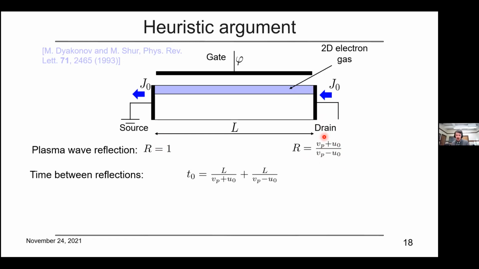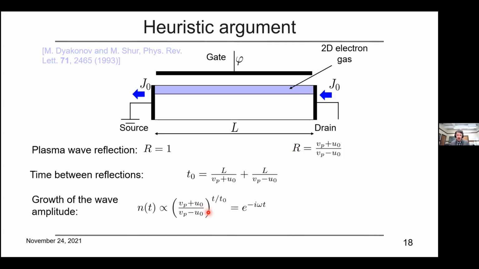So essentially, this is just like a static mirror and a moving mirror. If we have a plasma wave that propagates through the system, the time between the reflections is given by the following expression. Then we can simply calculate the growth of the wave amplitude via this relation.